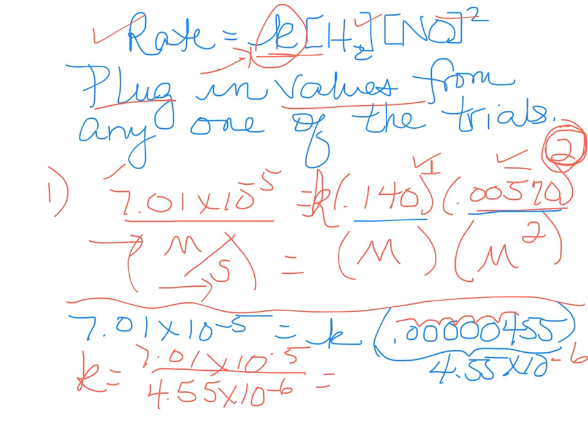And that equals, we have about 3 sig figs, 15.4, okay? Now you need units. So on the next page, you just carry your units, do the same thing to your units that you did to the numbers in the calculation, and you'll be good. I'll show that on the next page because I'm too short on space here.